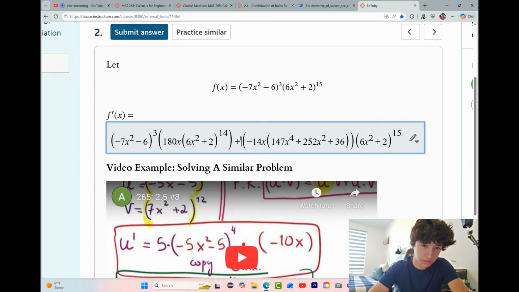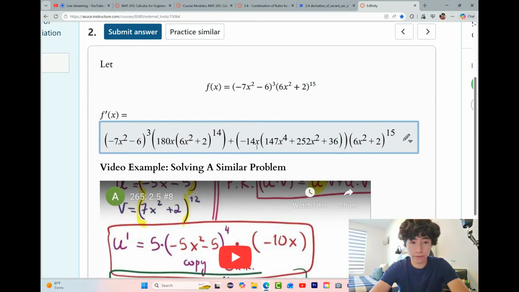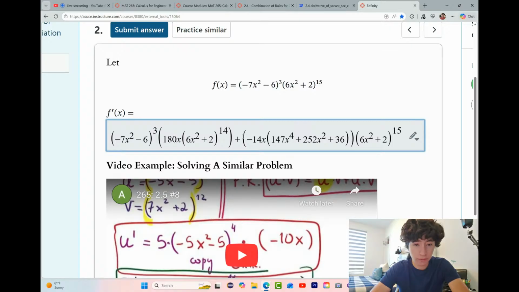Now we have plus the derivative of the first function, and that's going to be negative 14x times, to the power of 4 to the power of 2, and then nothing. And then we have times g of x to the power of 15.